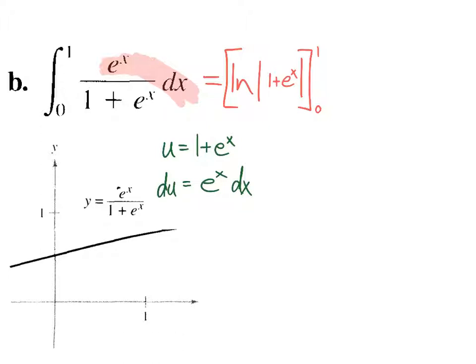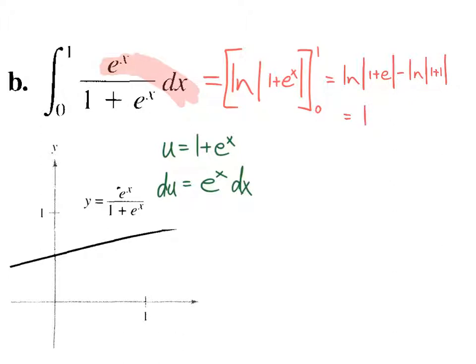Okay? So that's going to give me ln of the absolute value of 1 plus e minus ln of the absolute value of 1 plus 1. Okay? Now, since I have subtraction of two logs, we can simplify this. We can also get rid of the absolute values because both of those are positive.